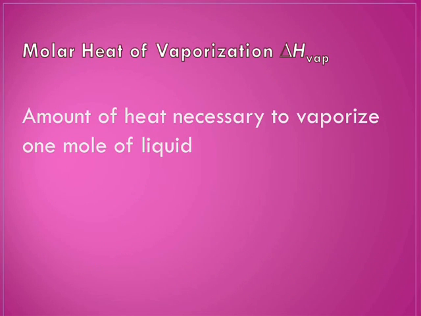Let's look at the molar heat of vaporization. It's very similar to the molar heat of fusion. It's just the amount of heat necessary to vaporize 1 mole of liquid. There's nothing really more magical or different, except now we're going from liquid to vapor.